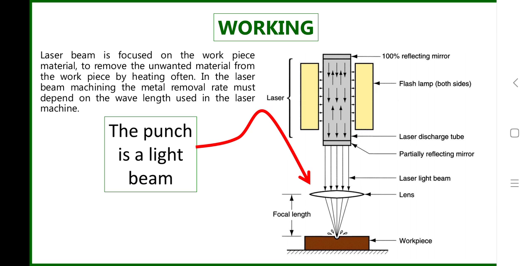Using the thermal energy which hits the work material, and due to vaporization you get the unwanted material removed. In laser beam machining, the material removal rate must depend on the wavelength which is used. I have shown a bunch of lights, or we can say light beam, which will focus on the workpiece. So this is the working principle of laser beam machining.